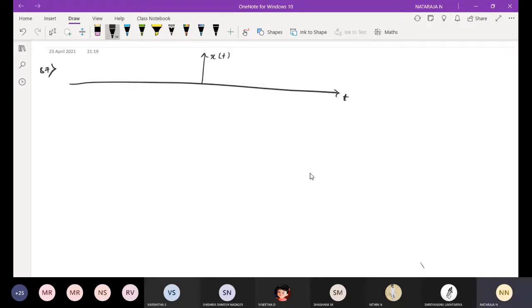This is x of t. This is a continuous signal.